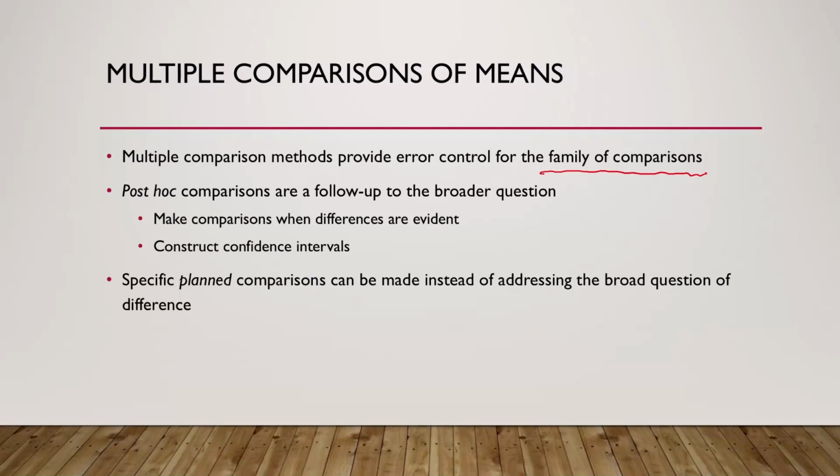So in the past, when we built confidence intervals, all we had to do is set a type 1 error rate, such as 5%, and we would build 95% confidence intervals for the one question of interest. But now when we have 3 questions of interest, what we would like to do is say, is there a way that I can be 95% confident in the entire set of confidence intervals that I construct?